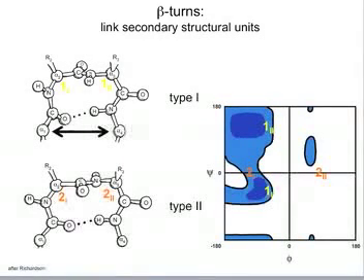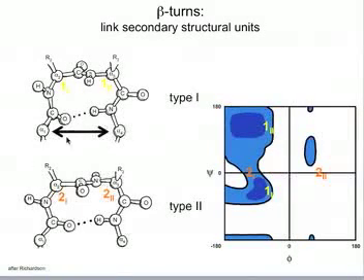Okay. In the previous lecture, I mentioned the beta turn as a third kind of structural unit, and really we'll refer to beta turns as linking secondary structural units together. There's a whole slew of different beta turns. Here I'm only showing you two varieties, type 1 and type 2, and I've given you the phi-psi preferences for each of the amino acids involved in those turns.